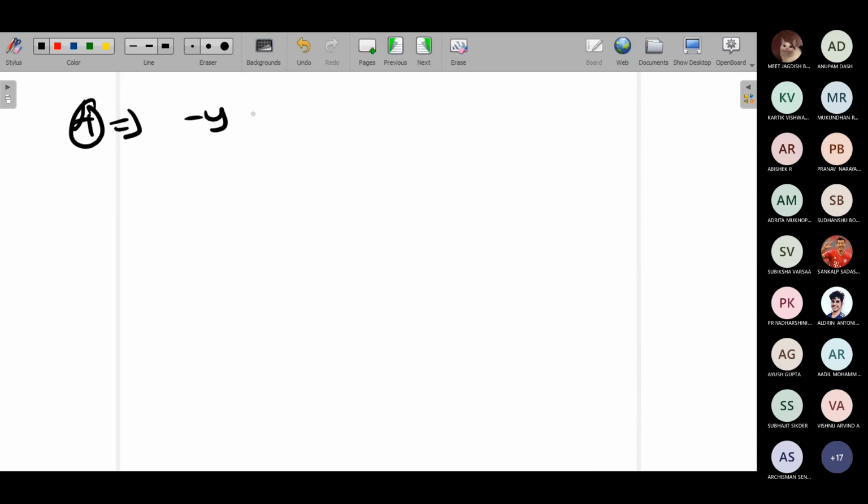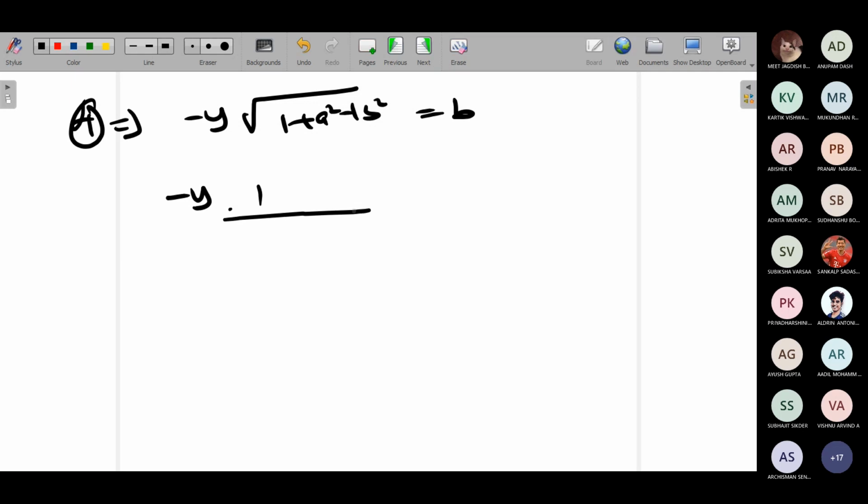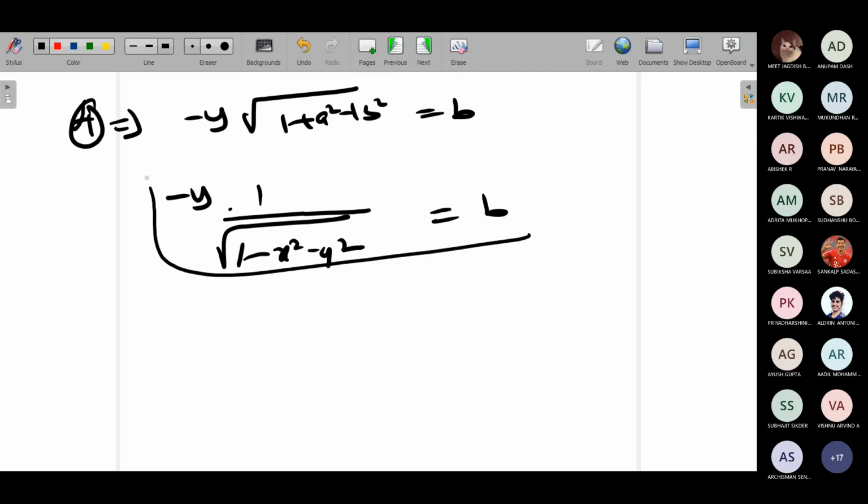Write it as minus y into root of 1 plus a square plus b square is equal to b. So minus y into this value, you know that it is root of 1 minus x square minus y square, is equal to b. So the value of b is equal to minus y by this one. So now you have got the value of a, you have got the value of b.